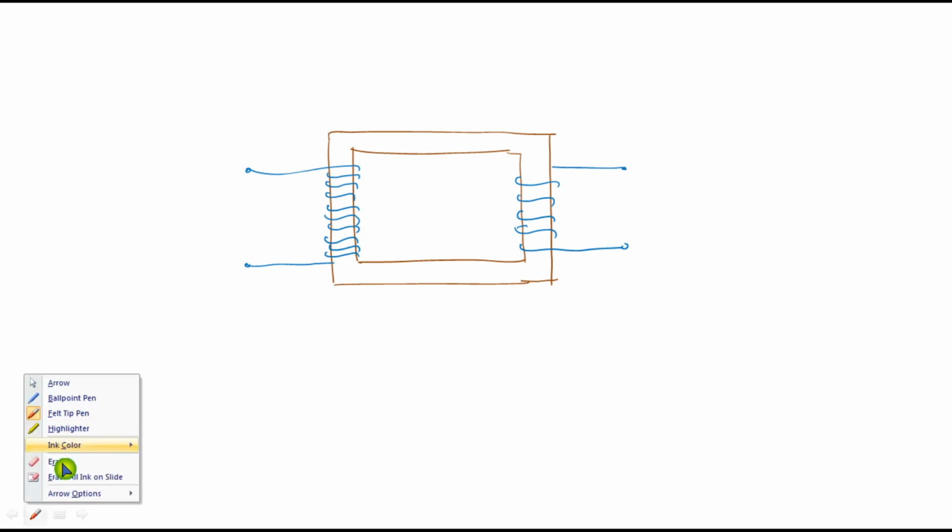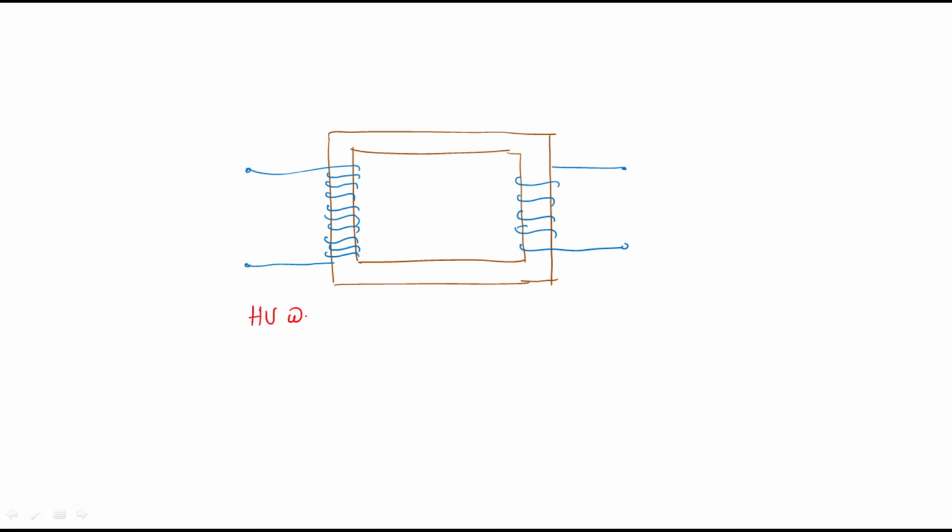Obviously by inspection we have to tell this limb is having more number of turns compared to another limb. So this limb is having more number of turns, therefore this winding is called HV winding. Like that this winding is called LV winding. This is HV winding, like that this is LV winding.